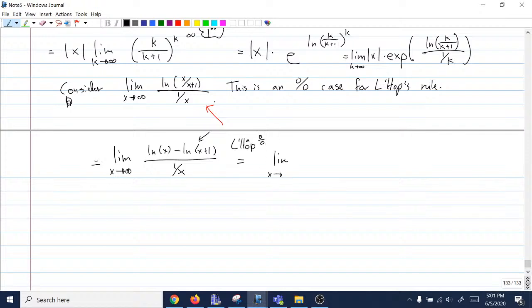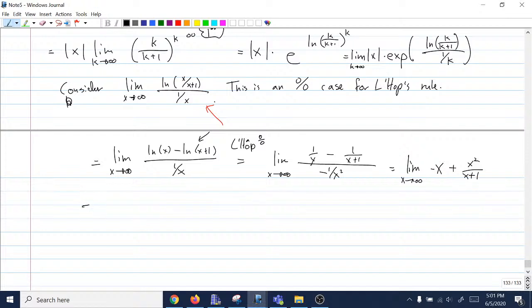Limit as x goes to infinity. The bottom, the derivative of that is negative 1 over x squared. The top, derivative of log x is 1 over x minus 1 over x plus 1. This is the limit as x goes to infinity of, multiply the top and bottom by x squared, I get negative x squared times that.